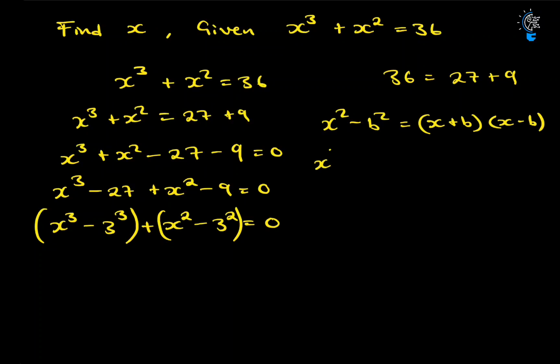If you have x to the power 3 minus b to the power 3, you end up with x minus b open x squared plus xb plus b squared. So let's keep this in mind.